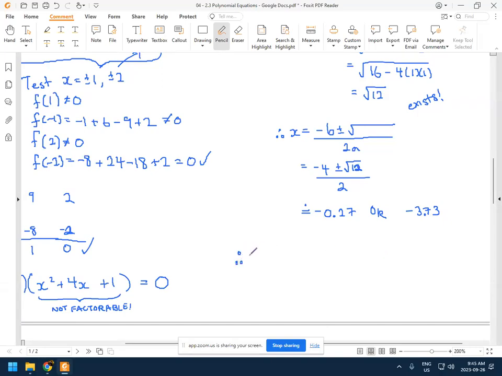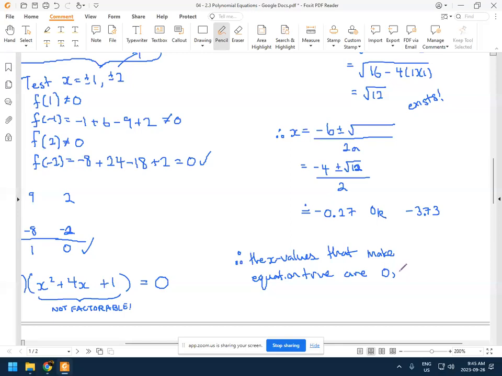Therefore, the x values that make the equation true are 0.